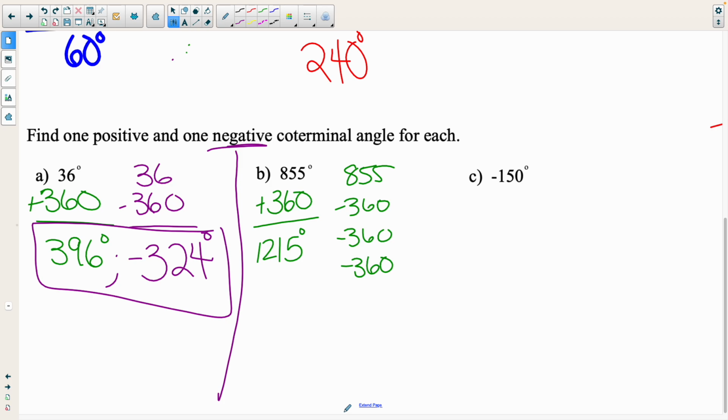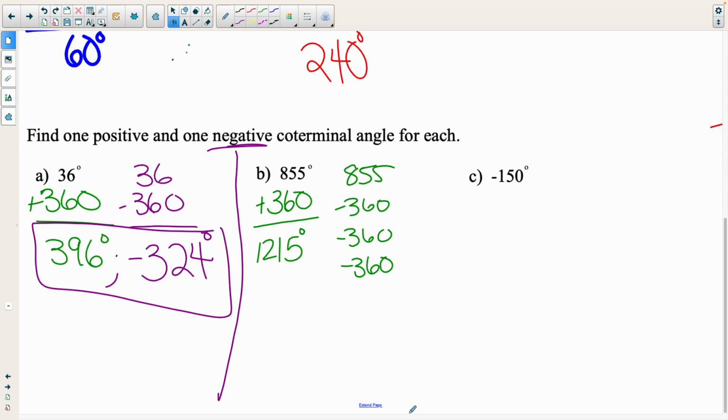Could have totally different positive versions here, because you could have subtracted and still been positive. So again, these are kind of like suggested answers. Yours don't have to match mine as long as yours is 360 degrees away in rotations. So I just added, just to be consistent. Like if I add every time, maybe I'll always have a positive. So that's my positive case.